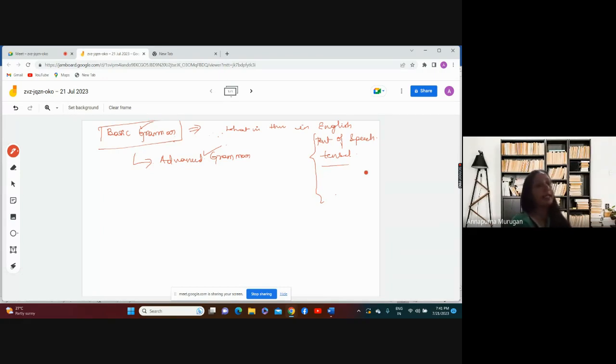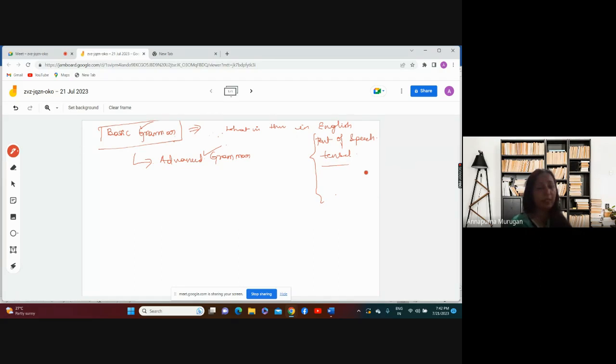Even for understanding, because when you hear someone speaking or when you read sentences, they are not simple sentences. They are basically compound and complex sentences. If they are compound and complex sentences, there will be many ideas in that one particular sentence, incorporated using some joining words.